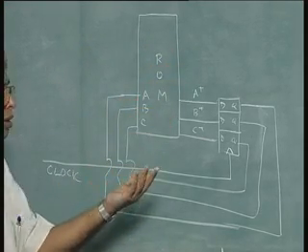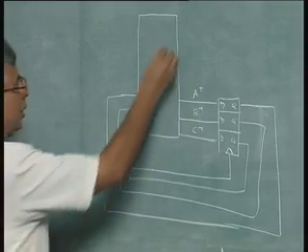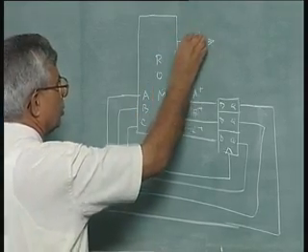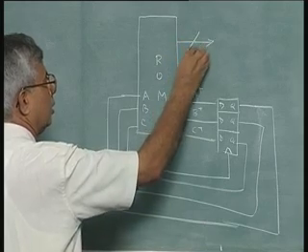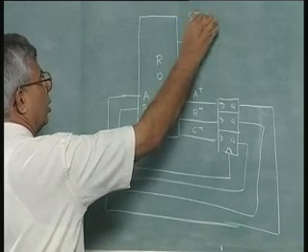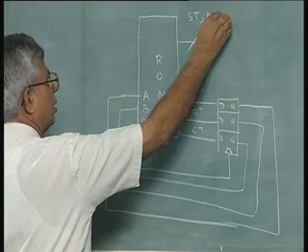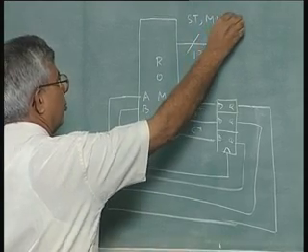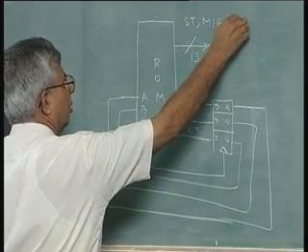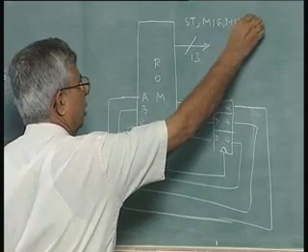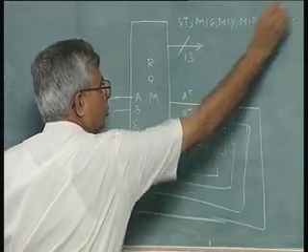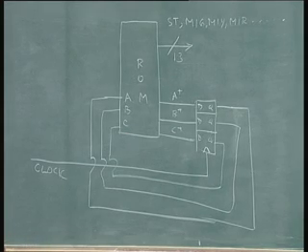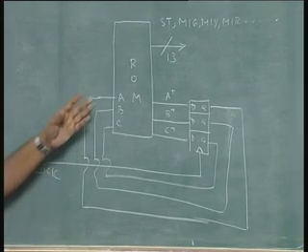There are 13 outputs, I said. So, this will be 13 outputs, starting with ST, M1 G, M1 yellow, etc., M1 red, all these outputs.